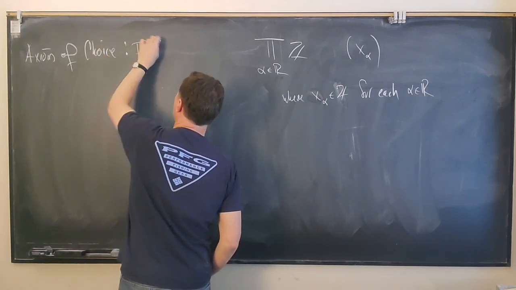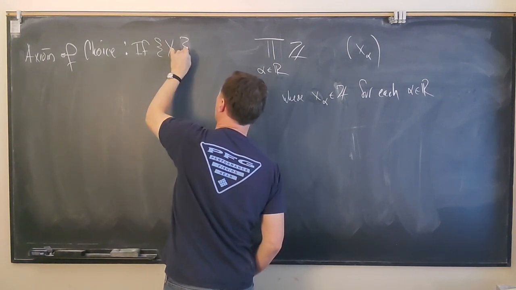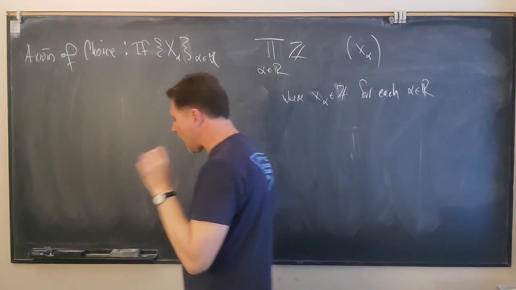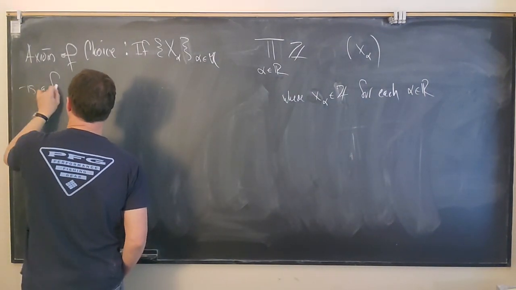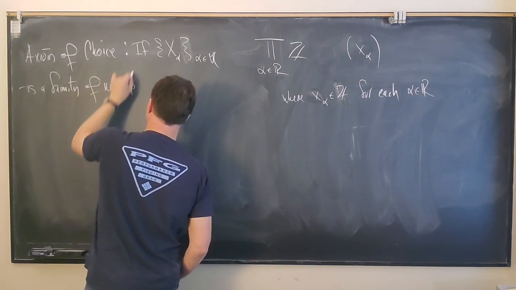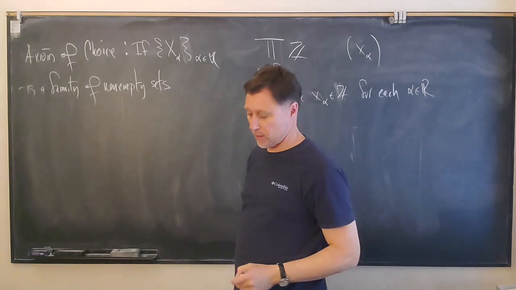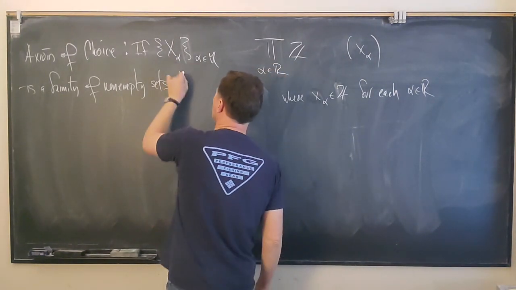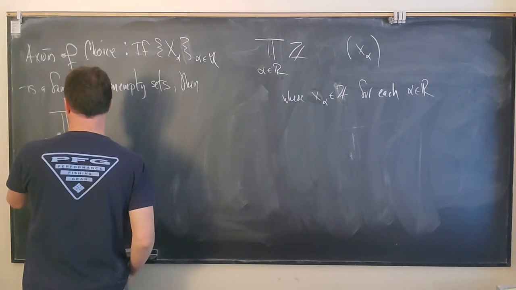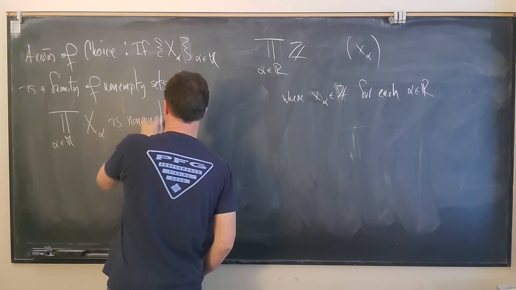And it goes like this: if x sub alpha, alpha an element of the index set, is a family of non-empty sets, so we're requiring each of the x sub alphas to be non-empty, then the Cartesian product of x sub alpha is non-empty.